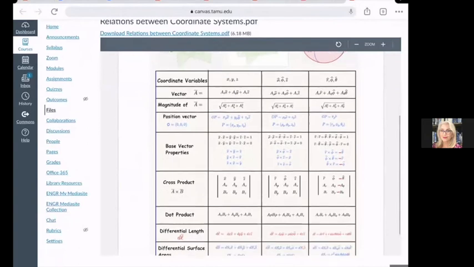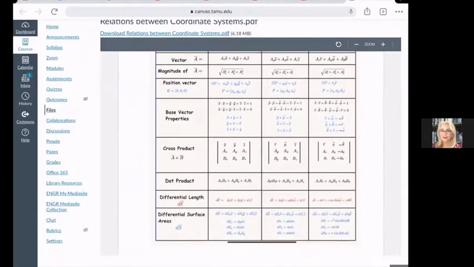Here we have a differential length and differential surface.